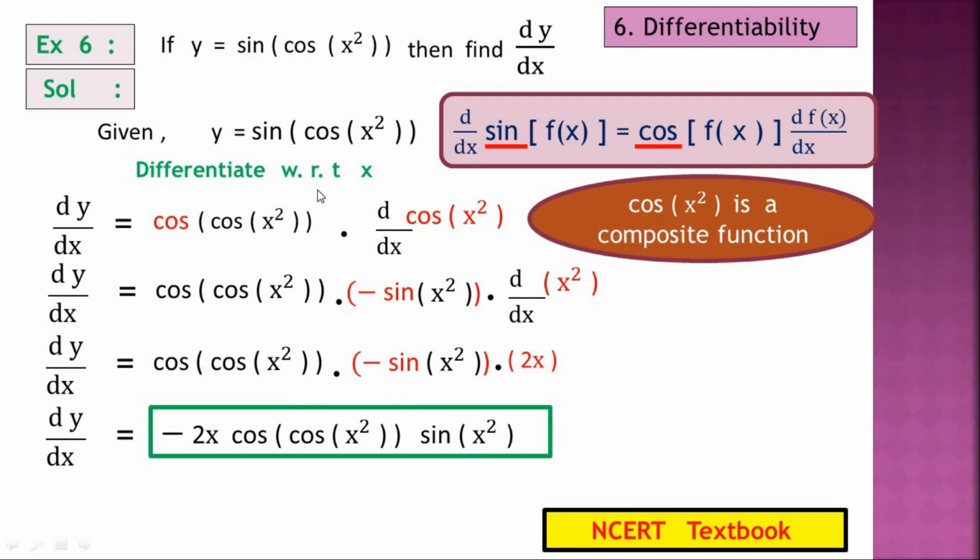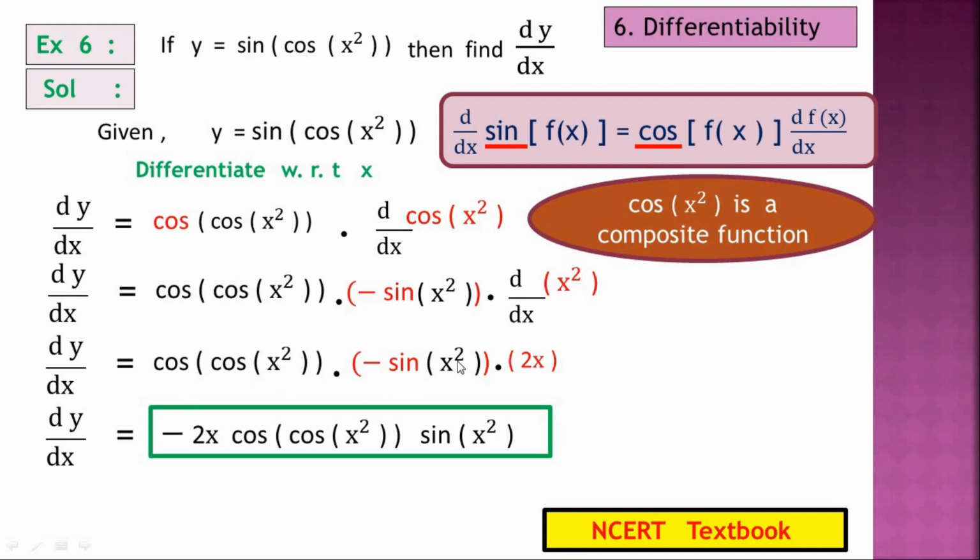So here also you can write the solution directly, writing one by one the function derivatives. See here, first I write the sine function derivative, it is cos of cos x square. Then next is this function's derivative, minus sine x square. It is composite.